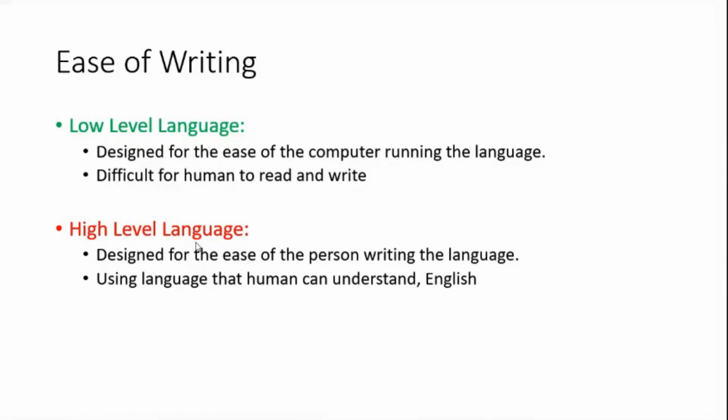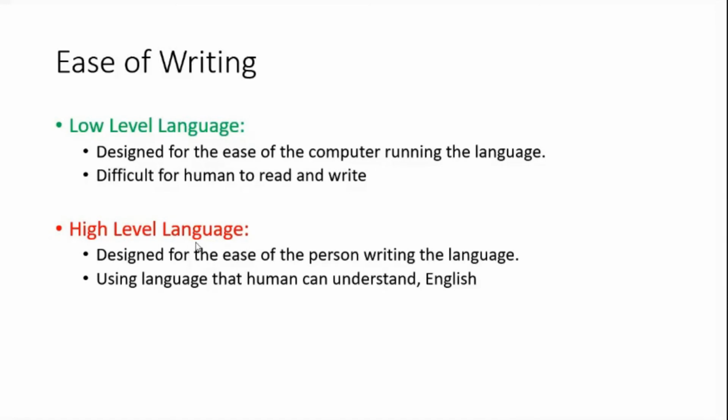And the human can understand. Most of the high level languages use English, or even in some cases English-like grammar itself. We are not using any specific grammar. There is actually grammar for programming languages. It is not the normal English grammar; the grammar for programming languages is entirely different from the English grammar.